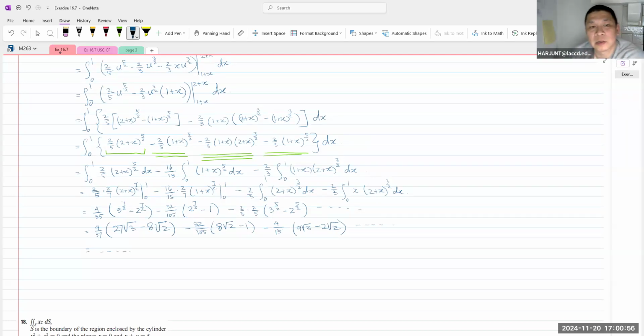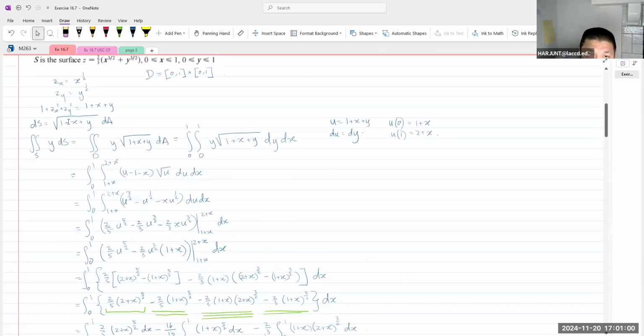Okay, let me stop here. I don't want to get too much into this. I think it has something to do with the way I did my integration. Suppose I go back.